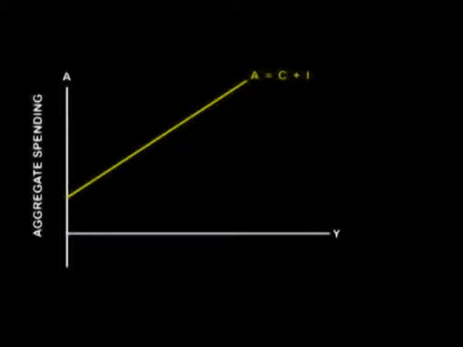If we now put back our 45-degree line, which shows all the points of equilibrium between income and spending, that is where aggregate income is equal to aggregate spending, we should be able to establish what the level of income is that will support the figures that we have incorporated into the aggregate consumption line.